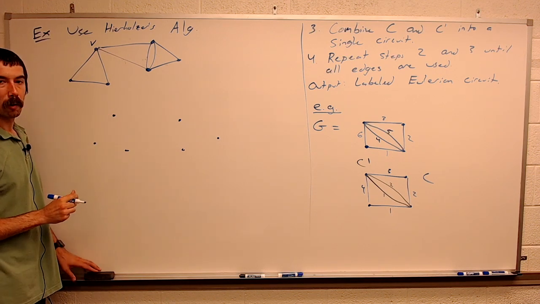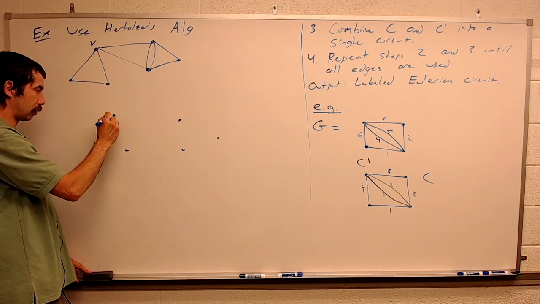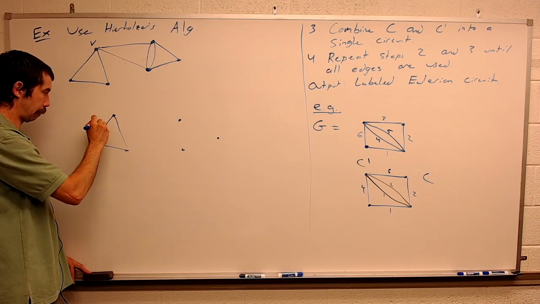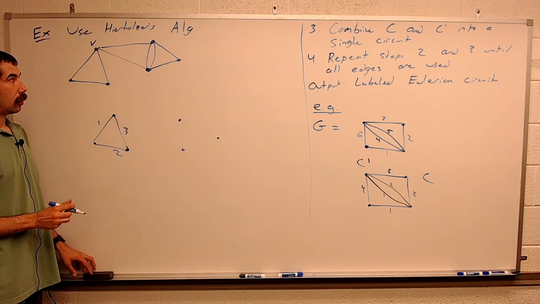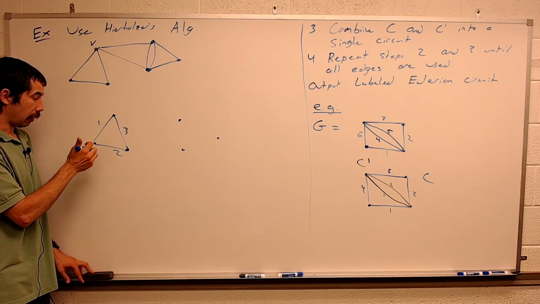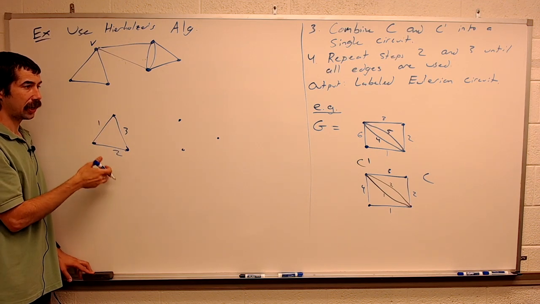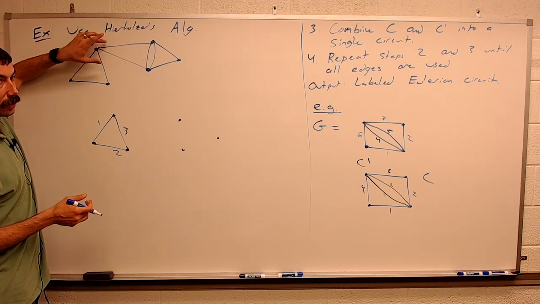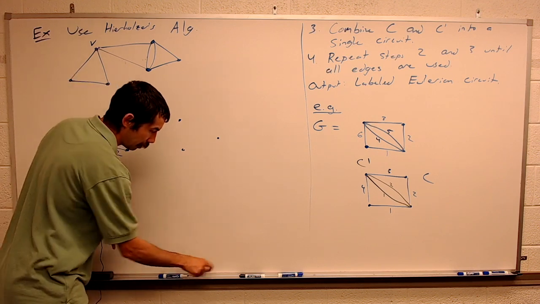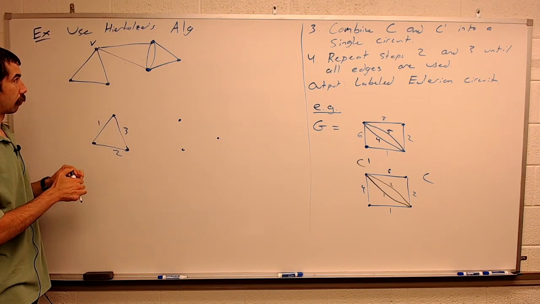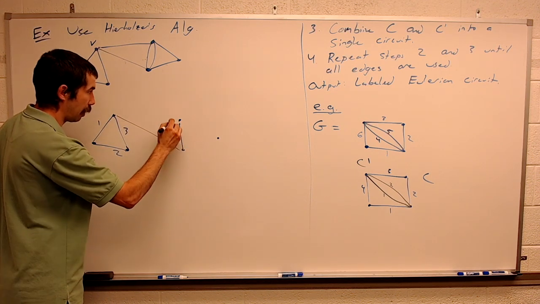So the first step was to find a circuit out of our starting vertex. Let's do this circuit down here. All right, we have to check all of the vertices in our circuit. Do any of them have edges that were not in the circuit? And yes, V does. So we need to make C prime out of here. And maybe this is C prime.